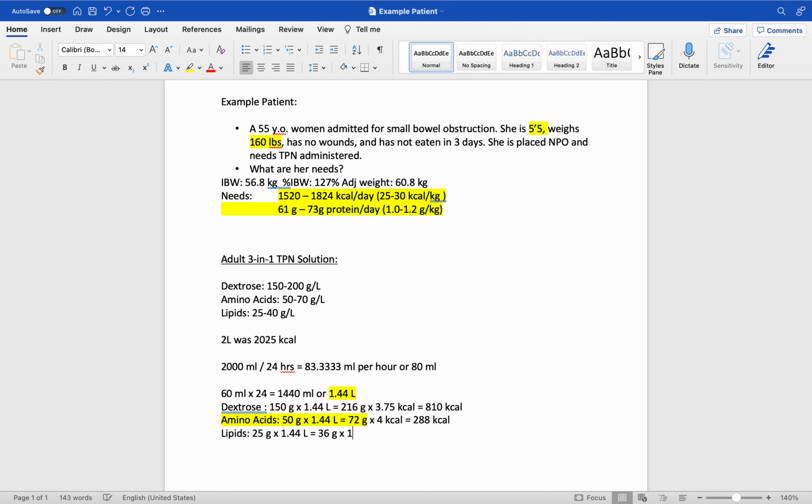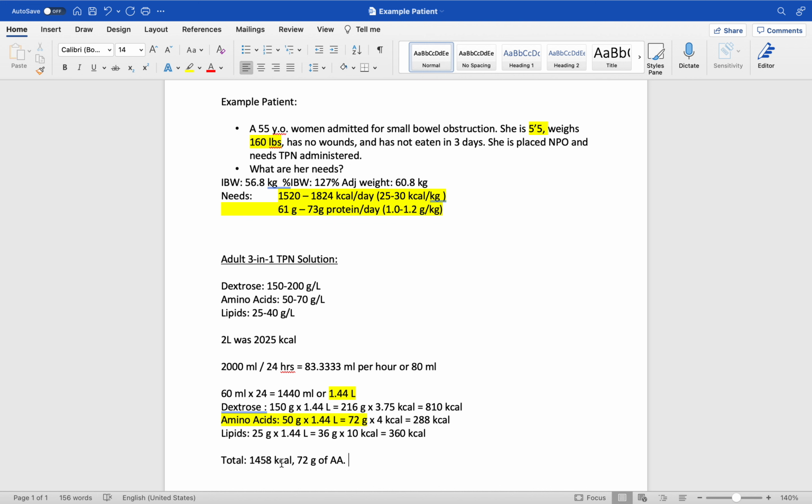Then 36 times 10, that's easy, 360 kcal from our lipids. So what is our total? So our total calories, we add all those numbers up, so 810 plus 288 plus 360 equals 1458. So 1458 kcal and 72 grams of amino acids.